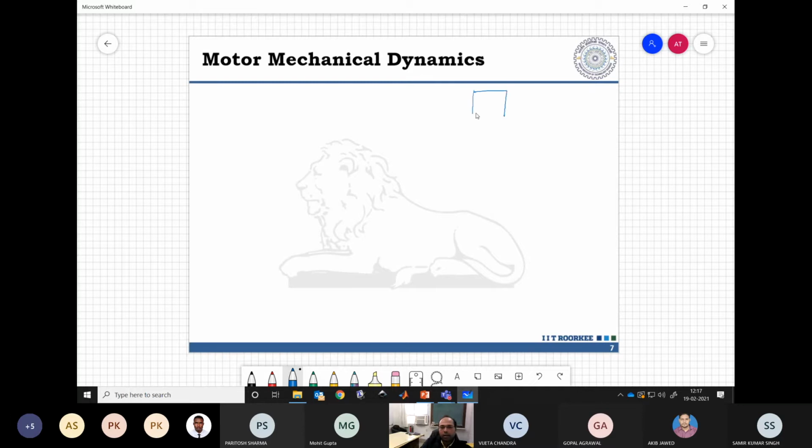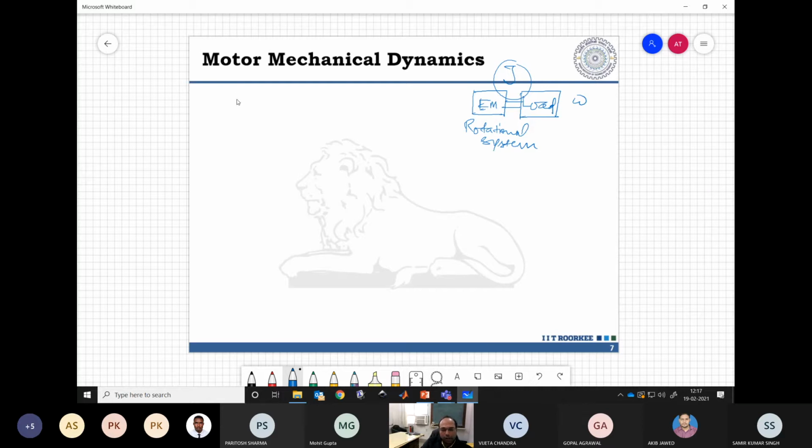As I said, there is an electric motor which is connected to a load. Primarily, because we are talking about rotational systems, there is some moment of inertia attached with the system, and some angular speed attached with the system.